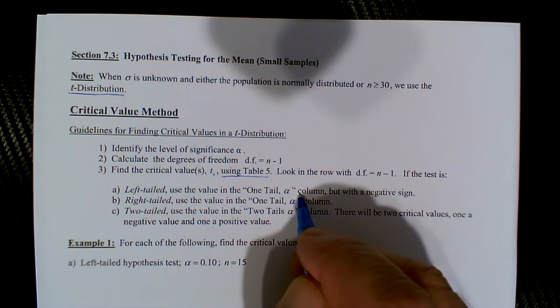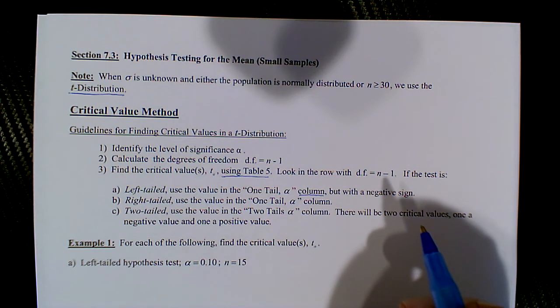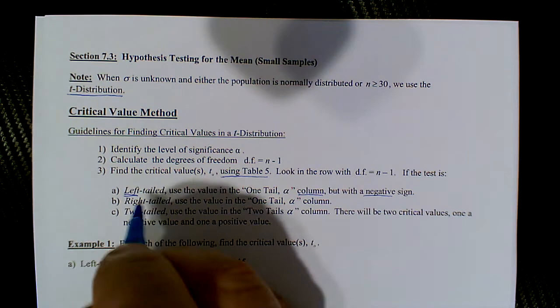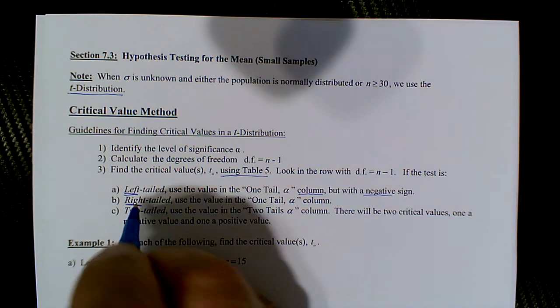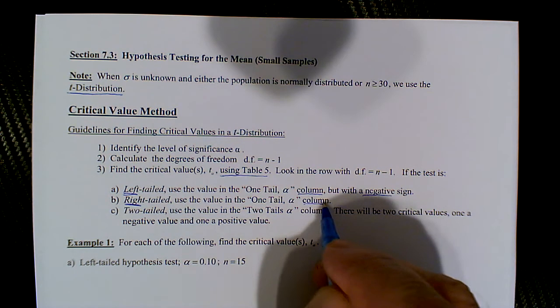and the critical value will be negative. So that's if it's left-tailed. If it's right-tailed, we're going to look at the one-tailed column, and the critical value will be positive.